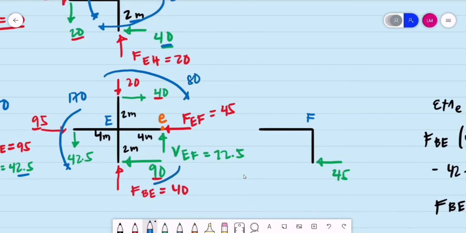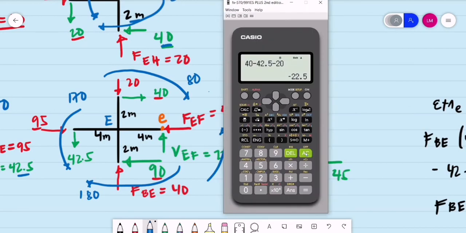This is 90 times 2, that is 180 kilonewton meter. Then 22.5, what is 22.5 times 4? 22.5 times 4 is equal to 90.